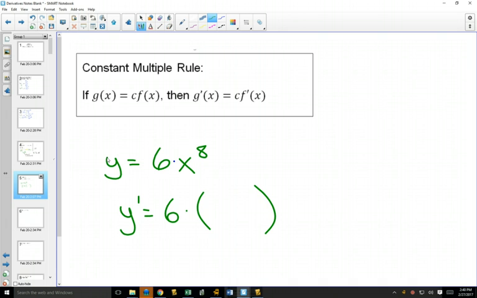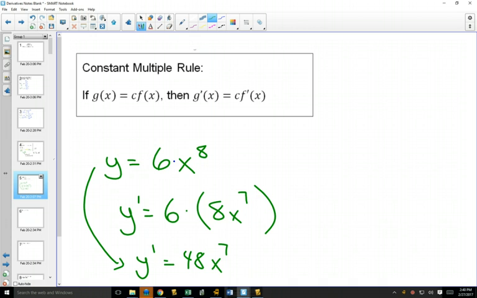What is the derivative of x to the 8? Well, it's 8x to the 7. 8 comes out in front, and you subtract 1 from the exponent. Of course, you're going to skip that step because you're just going to say, I'm going to bring my 8 in front. What's 8 times 6? 8 times 6 is 48. Subtract 1 from the exponent, and you'll get 48x to the 7.